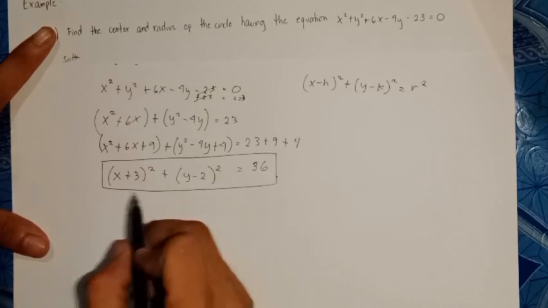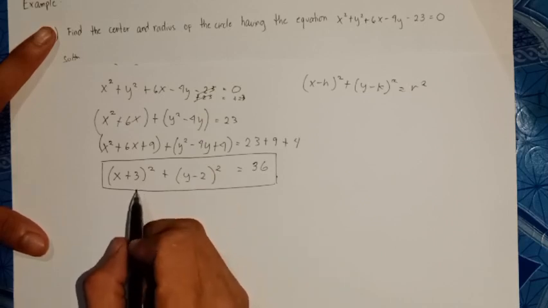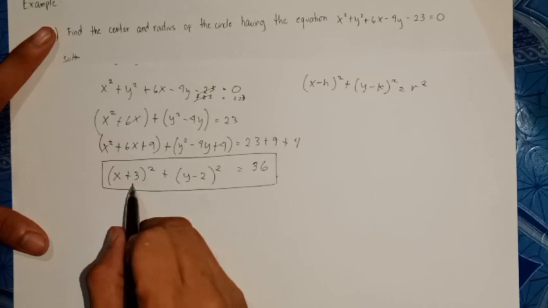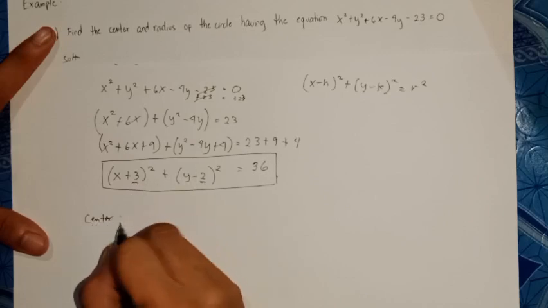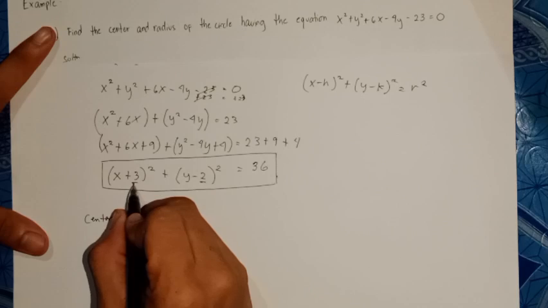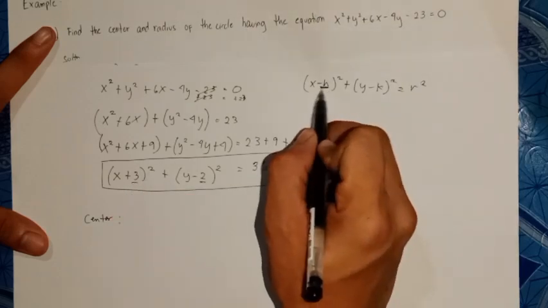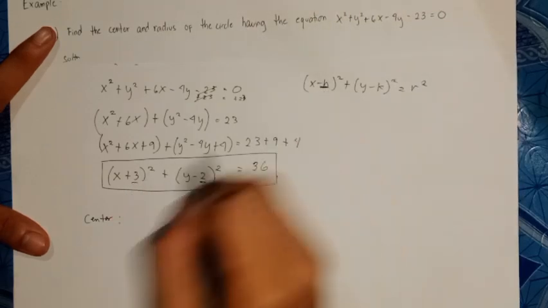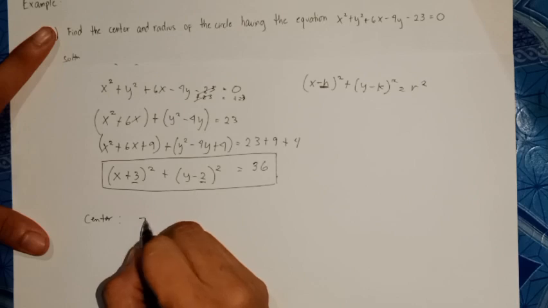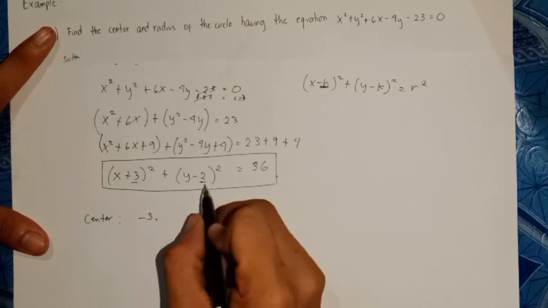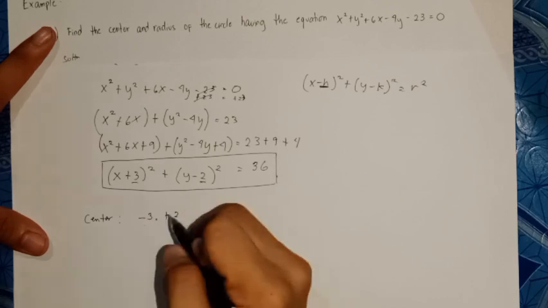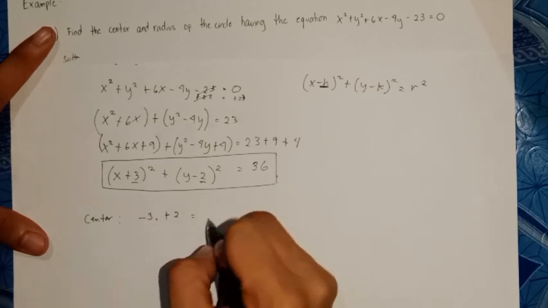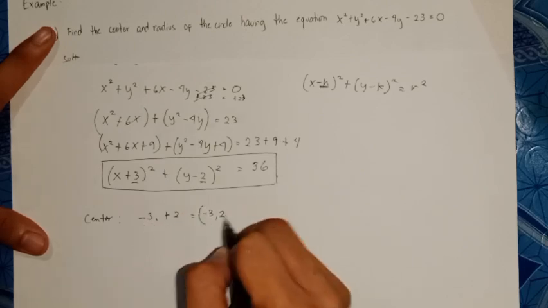Remember that the center of the circle is (h, k). Since it is positive and the standard form is negative h, it means it is negative 3, positive 2. So our center is (-3, 2).